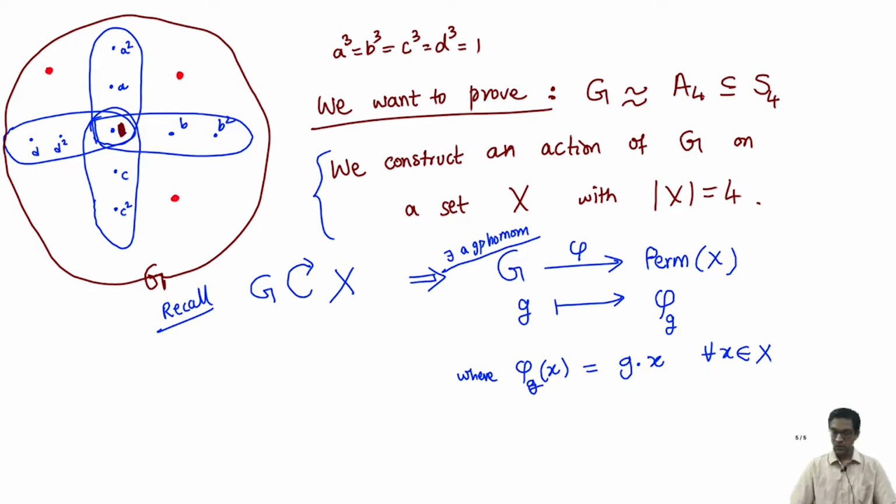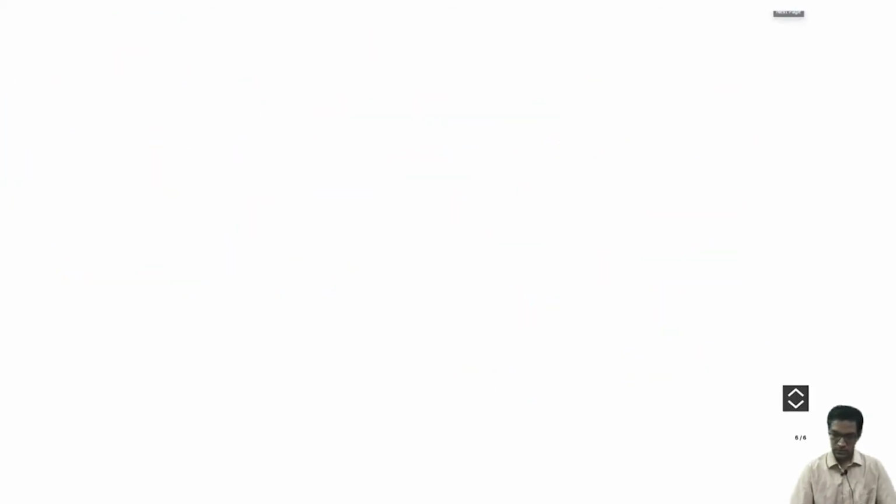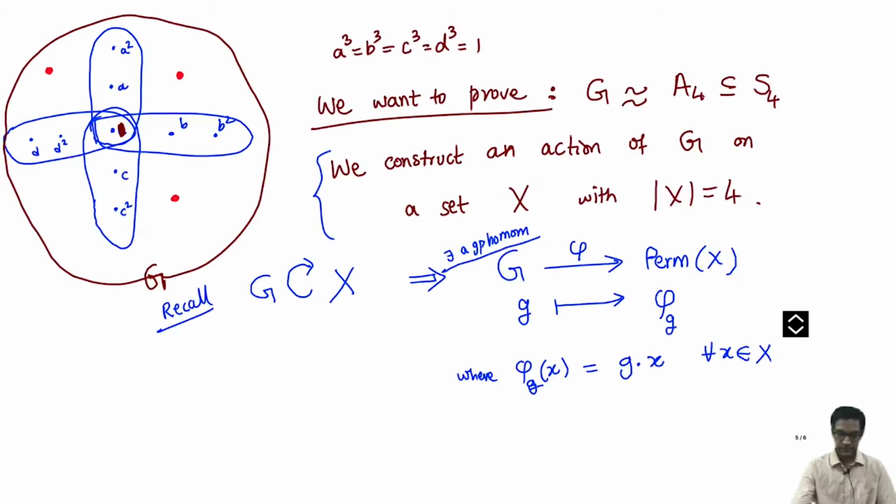Okay. Now, how do we construct this set X? In this case, firstly, let's look for a set of 4 elements. It turns out the correct object to take, I mean, there are many possibilities, but the correct object to take is what I have denoted in this diagram here, the set of these 4 subgroups.